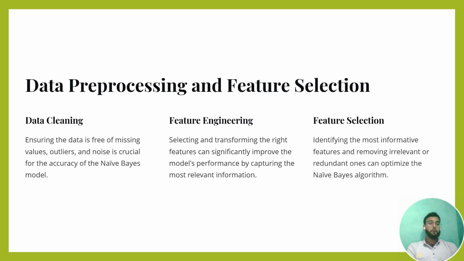Identifying the most informative features and removing irrelevant and redundant ones can optimize the naive-Bayes algorithm. It means we can remove the irrelevant parts in the data and make it shorter, which does the same task as the larger one. So this makes our data more relevant.